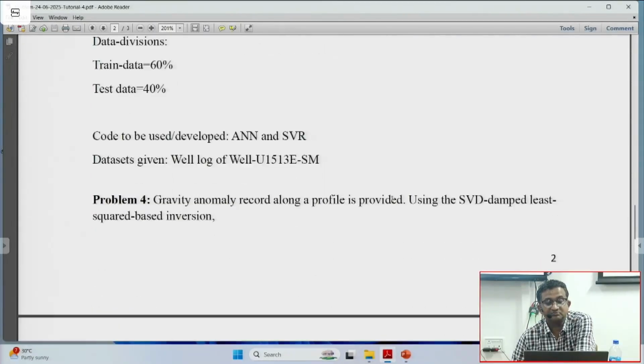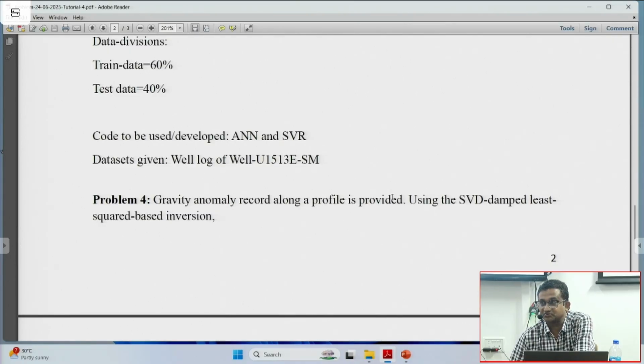And problem 4 is a gravity inversion. With the help of the damped least squares method, gravity data along a profile has been provided, and fitting the observed versus predicted, we need to get the optimal parameters of a simple model of a buried sphere: density, then depth and the radius of the sphere.